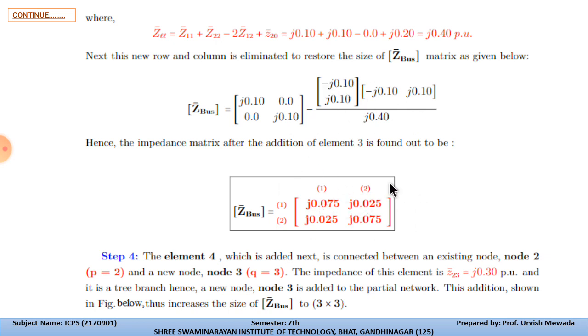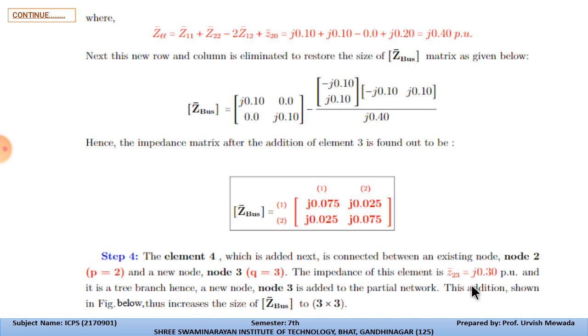Now step number 4, now we are putting the element number 4, which is added next, which is connected between an existing node 2. So that's why P is equal to 2, and a new node number 3, Q is equal to 3.